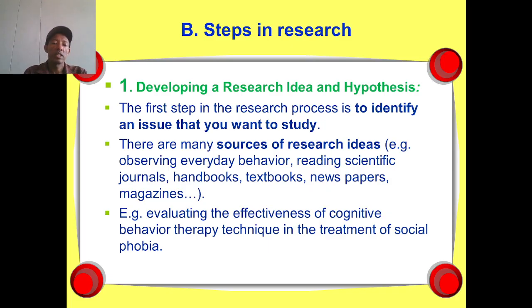An example is evaluating the effectiveness of cognitive behavioral therapy technique in the treatment of social phobia, or comparison of the effectiveness of cognitive behavioral therapy and rational emotive therapy in the treatment of social phobia. It is therefore an applied level research topic.